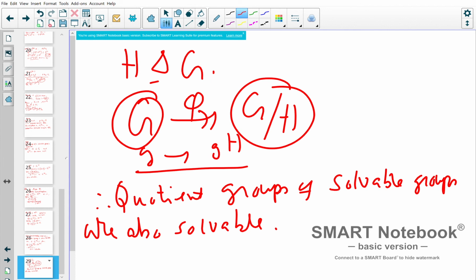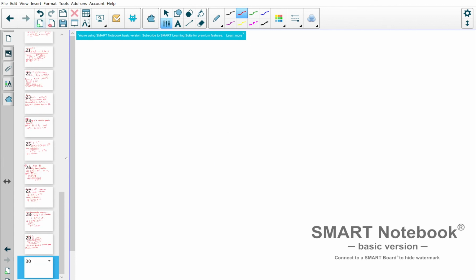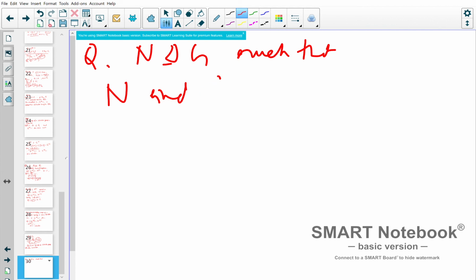Now you can ask the converse question. What happens if you have a group G and a normal subgroup N such that N and G mod N are solvable? This is given.